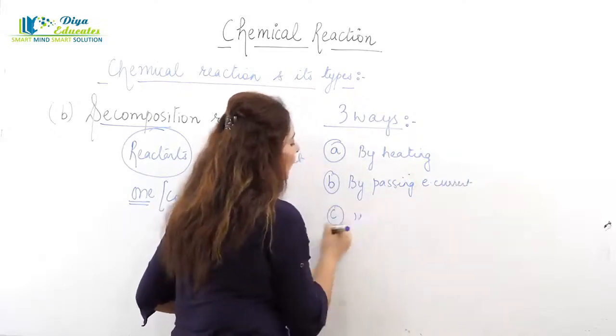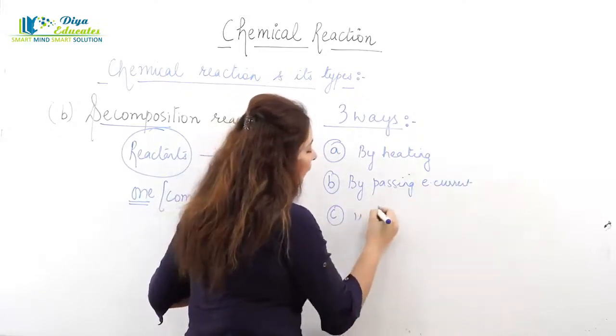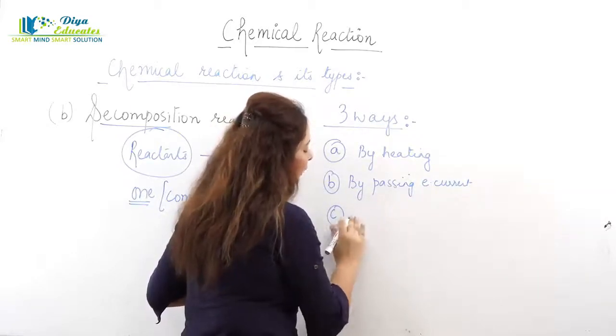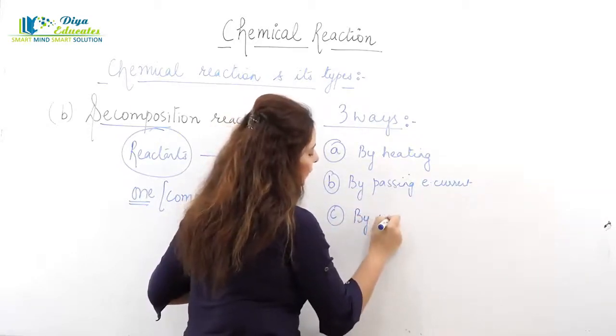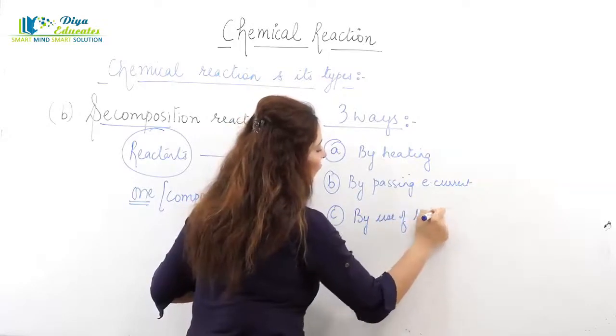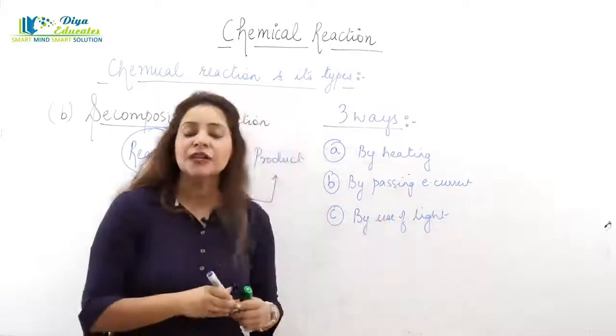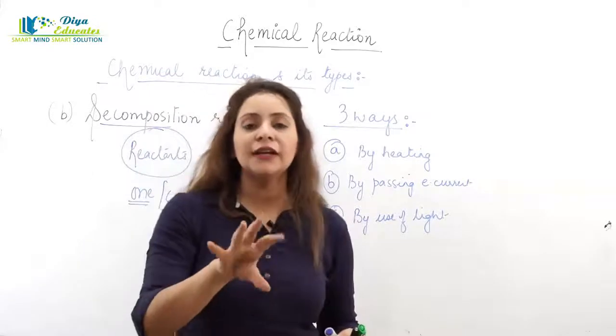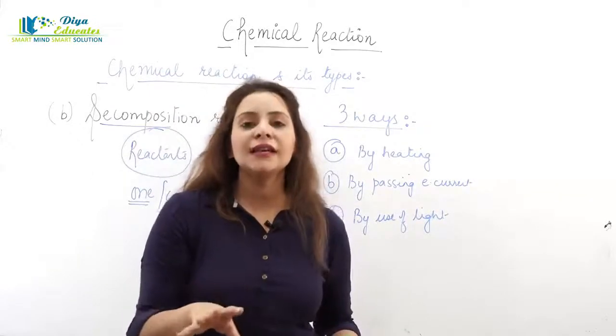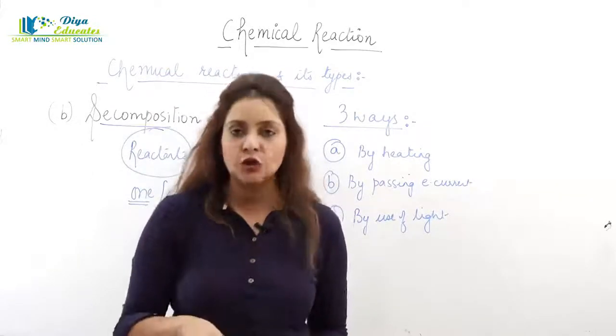And thirdly, we can break the compound by the use of light. So these are the three methods which can actually break the compound into its constituents, or we can say which can make the decomposition reaction happen.